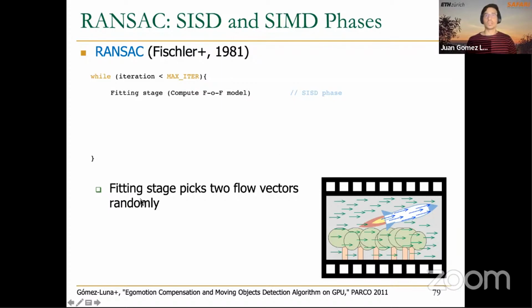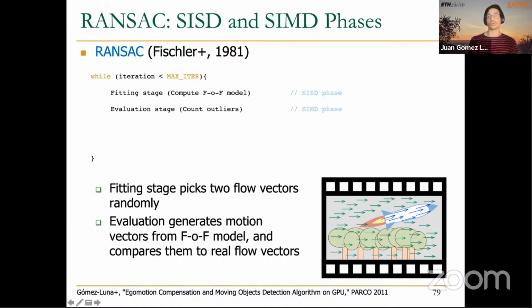Essentially, this fitting stage is as simple as picking two of these optical flow vectors randomly and generating a model. If we obtain two of these flow vectors, we will definitely see that they have the same direction, and based on that, we'll say, okay, most of the vectors of the frame have the same direction, and this is our model.